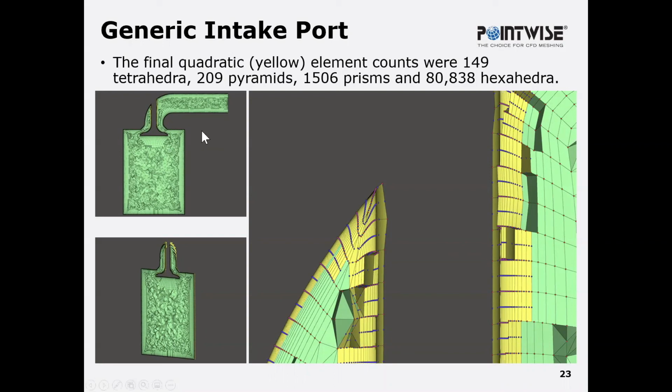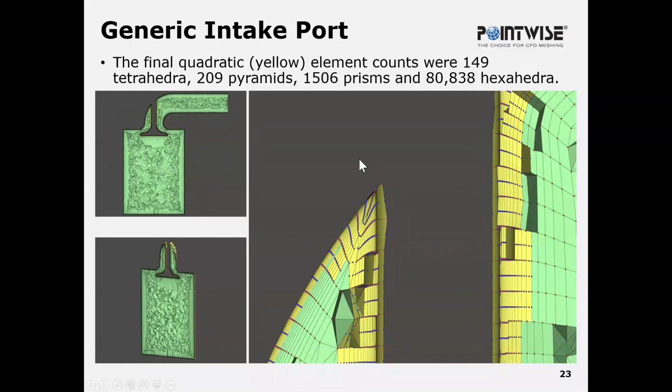So this example just shows a mesh elevated to Q2, quadratic, close to the walls, which are mostly hexahedra in the boundary layer area of the flow, and outside the boundary layer, it will be elements of order Q1.